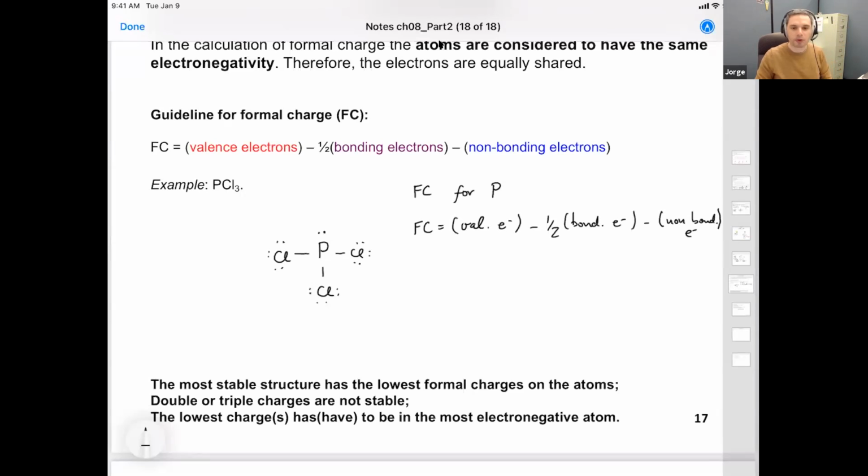Okay? So think about that. The number of valence electrons is what the atom started with, after the bonding, and after the non-bonding electrons, how much is left for this element. So let's do that for the phosphorus.